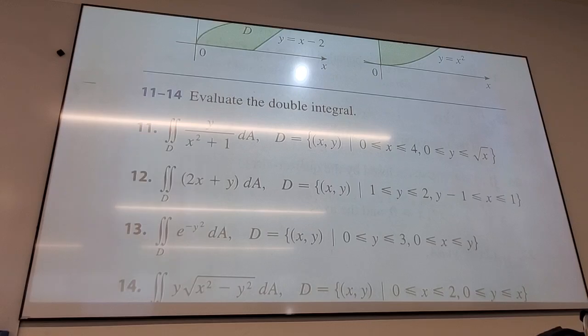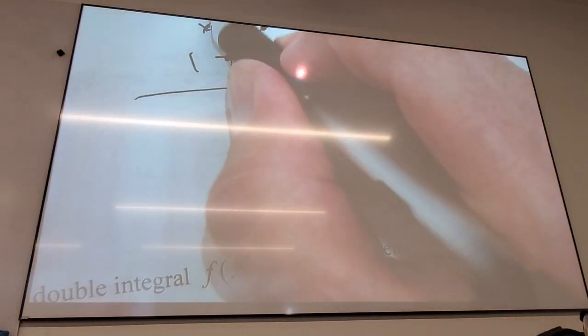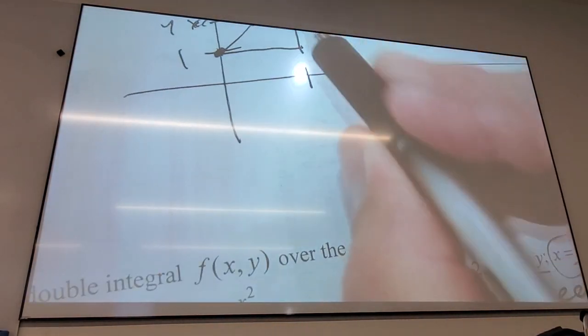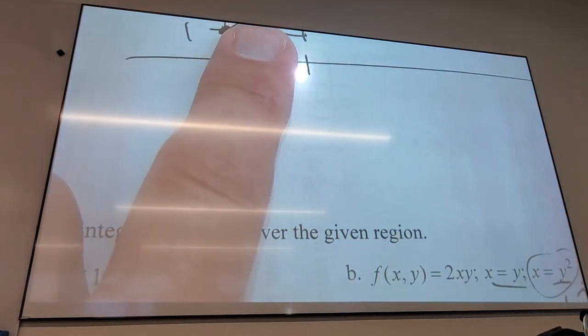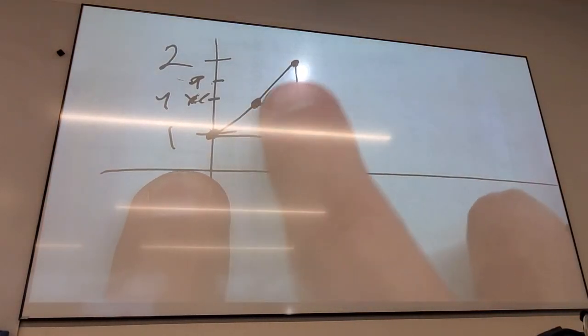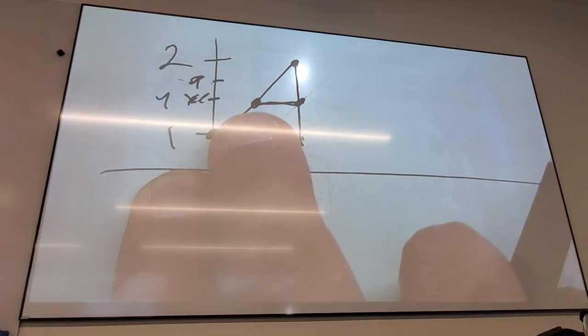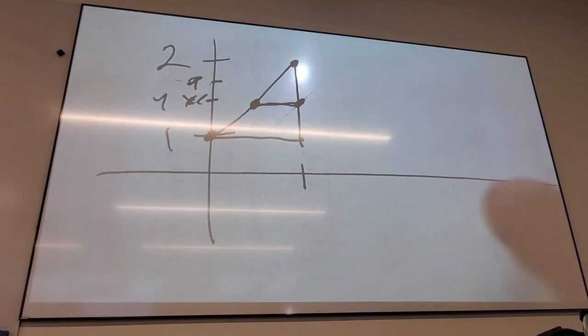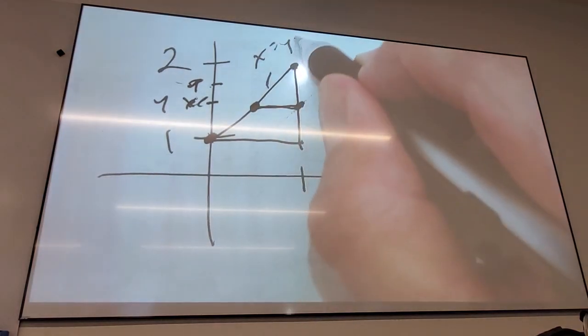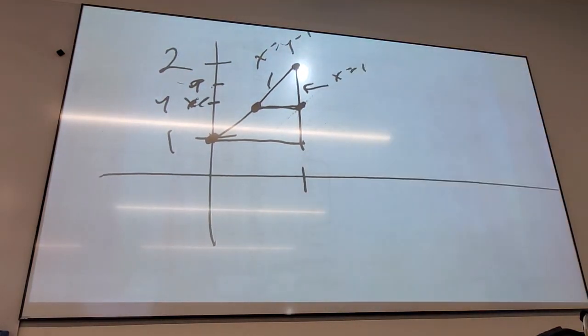As y goes from 1 to 2, if I pick a y, x goes from this wall to this wall. This wall is x equals y minus 1, and this is x equals 1.